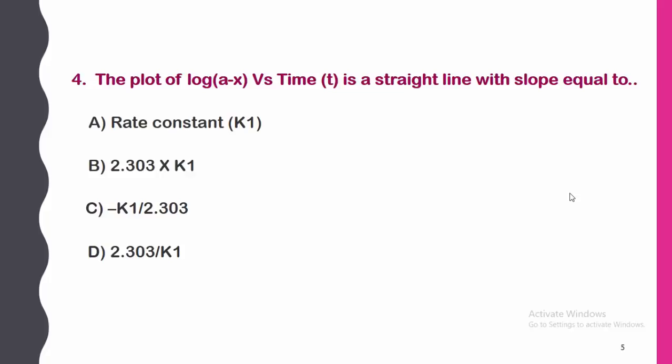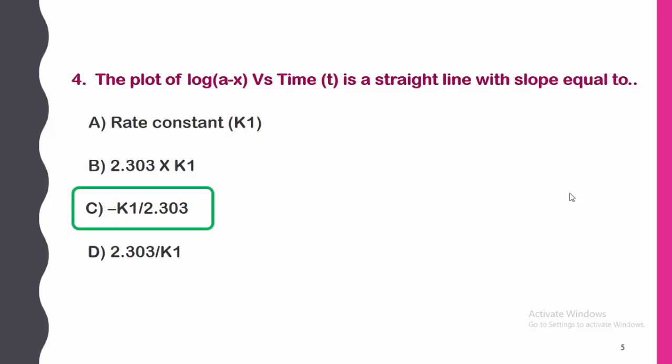If we plot both, it is a straight line equation. And what is the slope equal to? If you remember, the plot of log a minus x versus time t is for a first order reaction.